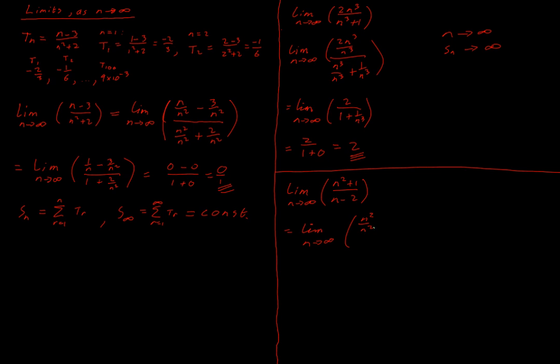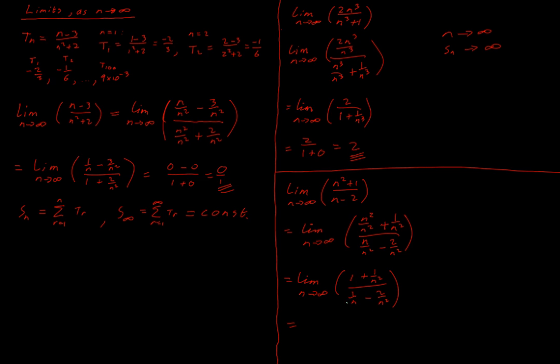So n squared all over n squared plus 1 all over n squared, over n all over n squared minus 2 all over n squared, is equal to the limit as n tends to infinity of 1 plus 1 all over n squared, all over 1 all over n minus 2 all over n squared. And can we see what the problem is going to be?